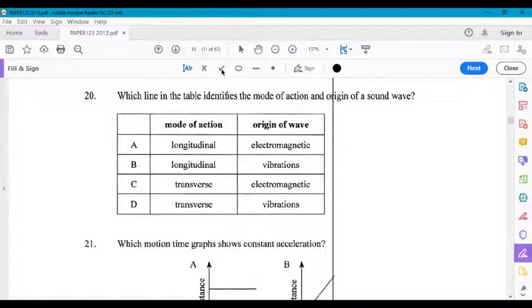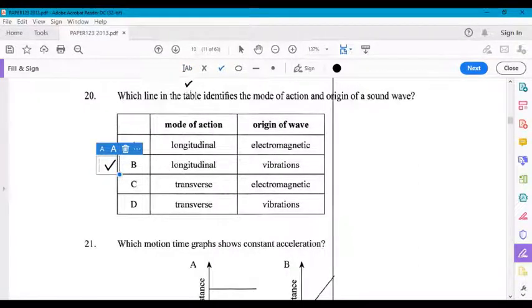Remember, longitudinal waves move parallel to the direction of the wave's motion, back and forth like a slinky. Examples of longitudinal waves are, of course, sound waves and P waves, earthquake waves, and transverse waves are your water waves, your waves on a string, those examples.